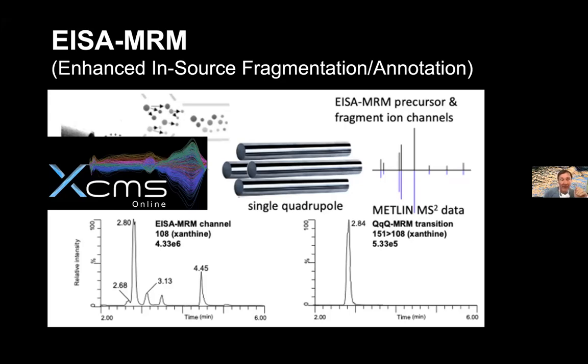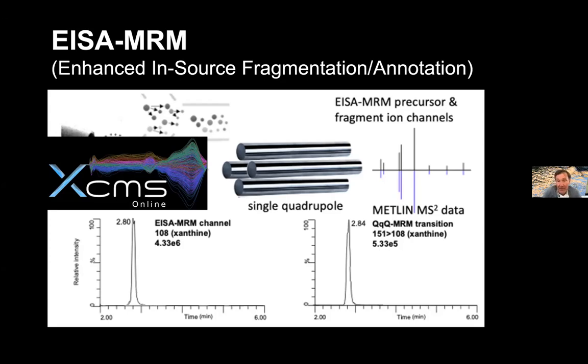He used part of the XCMS technology to do alignment and also multi-SIM analyses to filter out peaks in these MRMs that weren't related to the molecule of interest. And so now we get ESA-MRM data that looks a lot like what you'd see with triple quad MRM transitions. And oftentimes we're going to see them at higher intensities, and therefore presumably get the same level of sensitivity, if not higher.